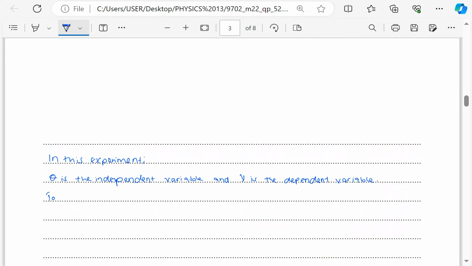Then, because I need to write the procedure, to collect and analyze data, I will take the following steps.